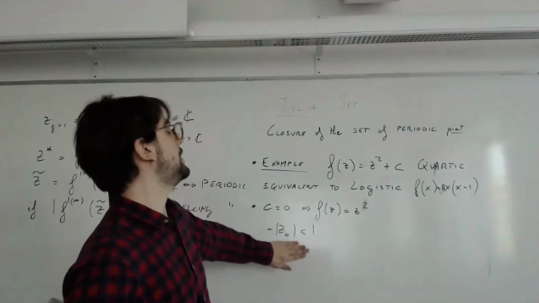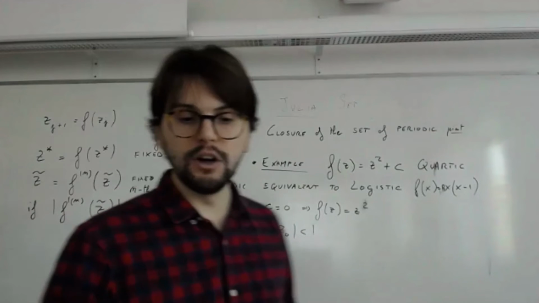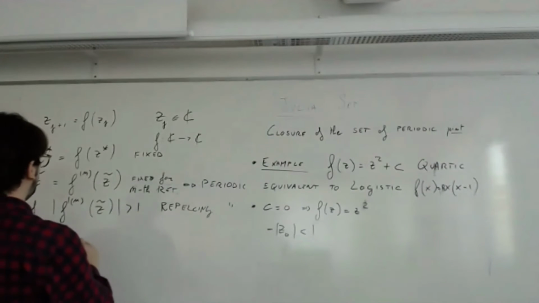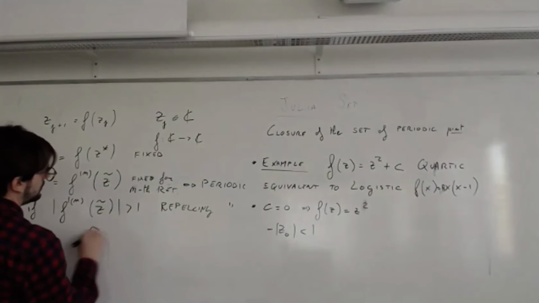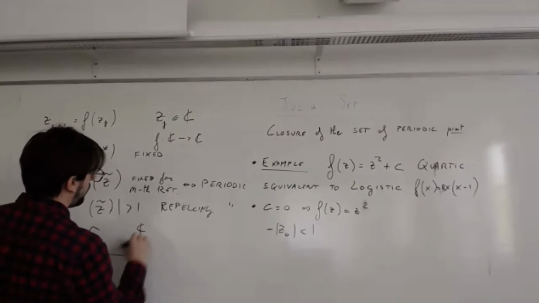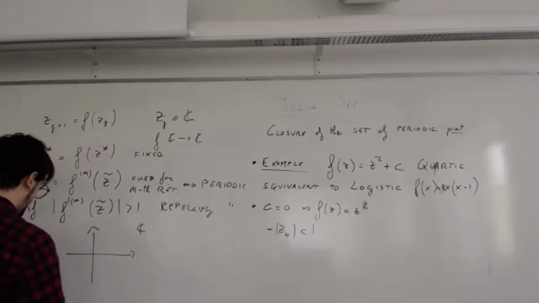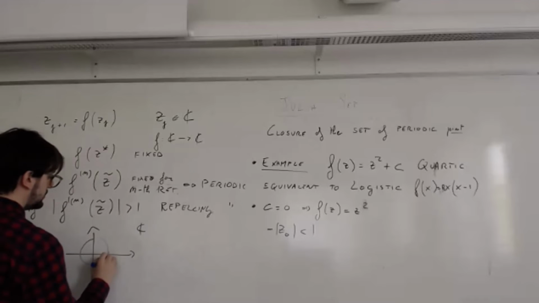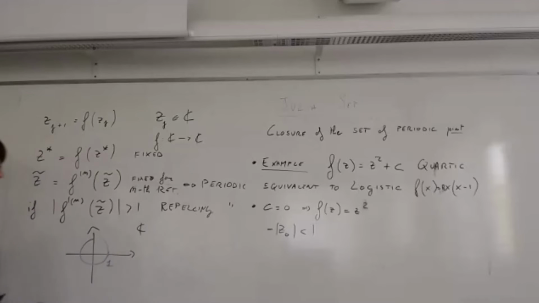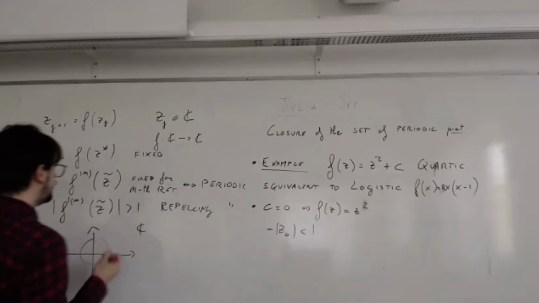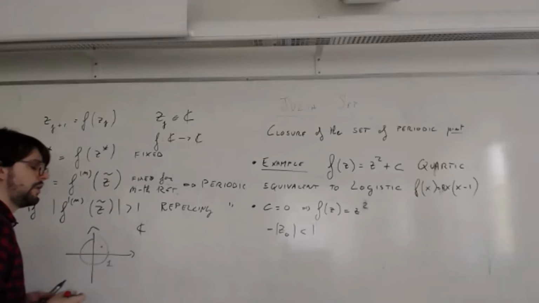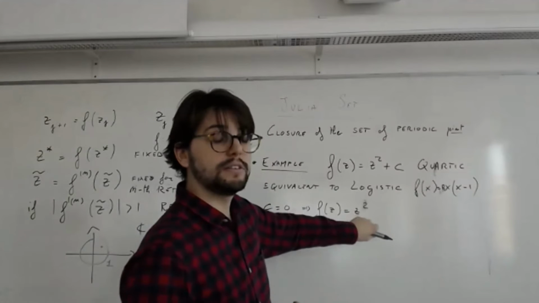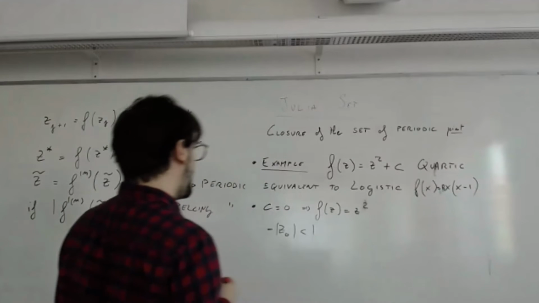So the absolute value of z0 is less than 1. Let's do it here. This is the complex plane, and this is the unit circle. So this is 1. If I take z0 inside here, then z1 will be z0 squared.